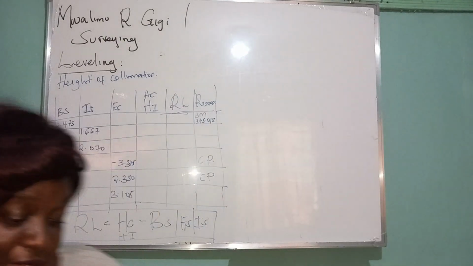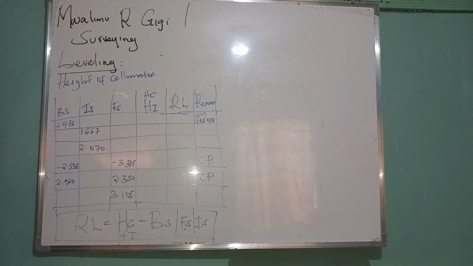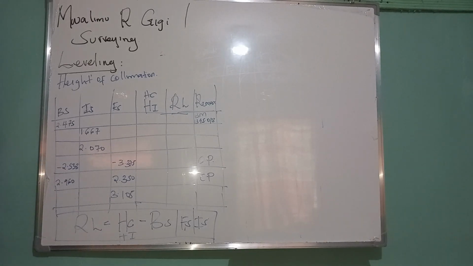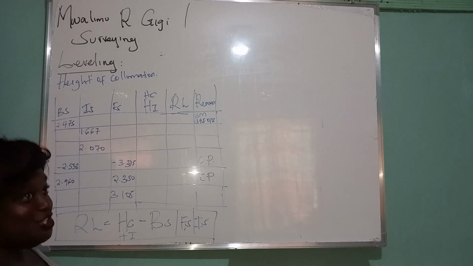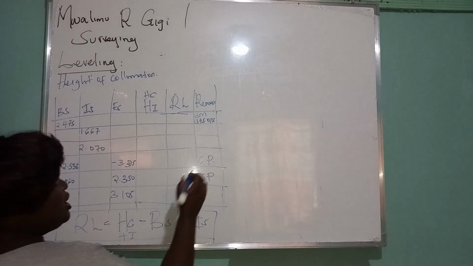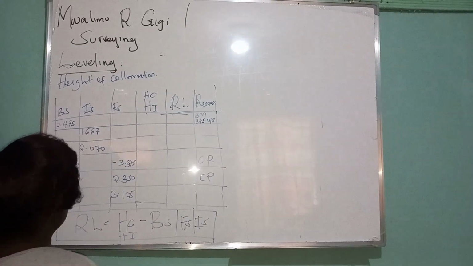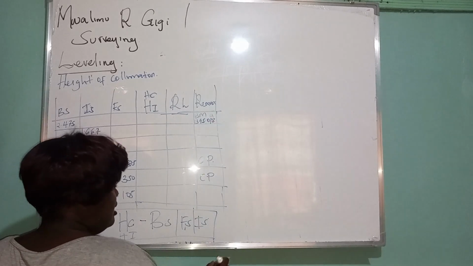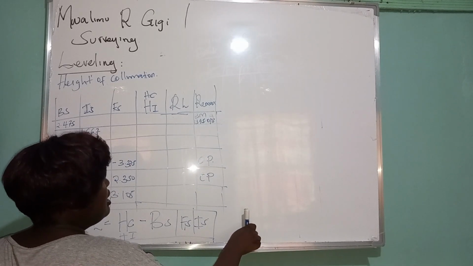So let me find my calculator. The first thing you do, you can do some tricks that I can teach you. Let's label these points. At the remarks, point A is the benchmark, yes?